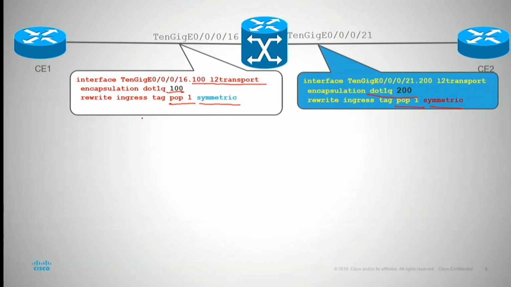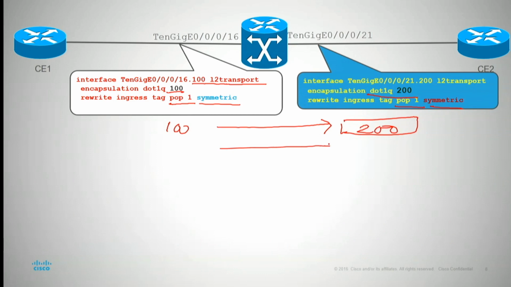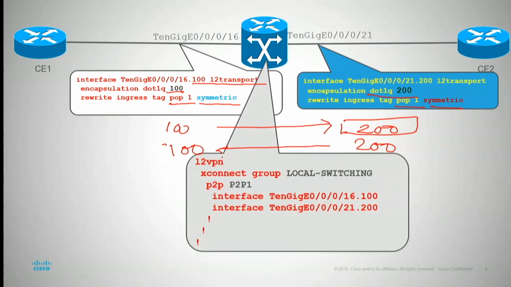So here a frame comes with VLAN 100, I'll pop it out and I'll add VLAN 200. In the reverse direction, if a frame comes with VLAN 200, I'll pop it out and I'll add VLAN 100, so that inter-VLAN communication will go through.